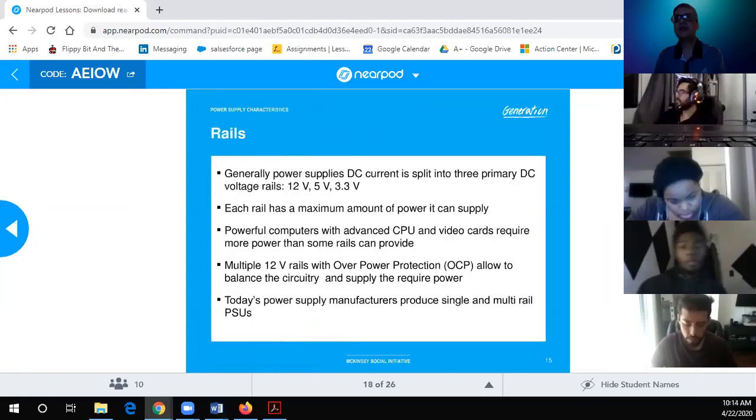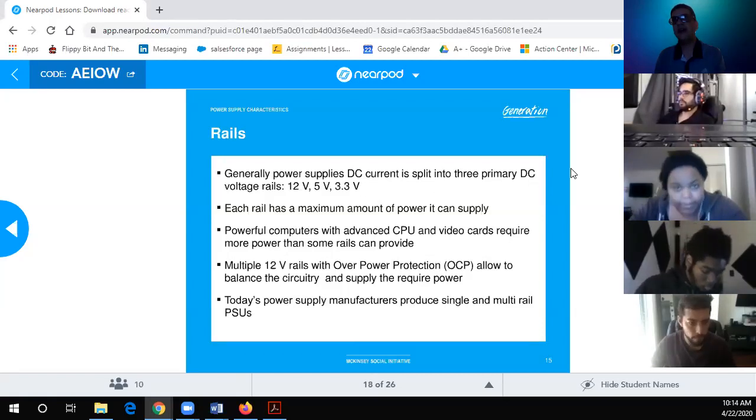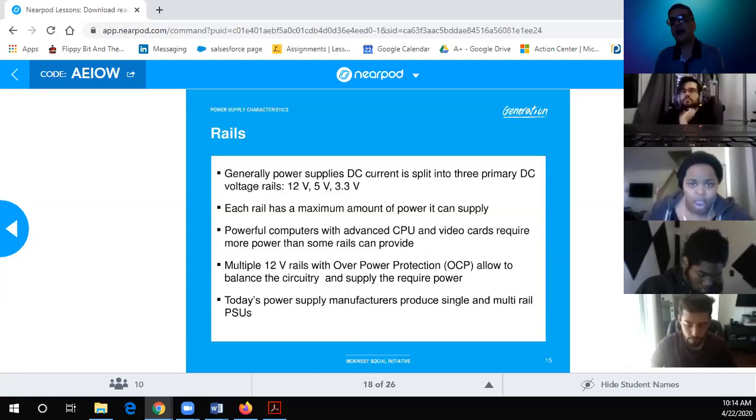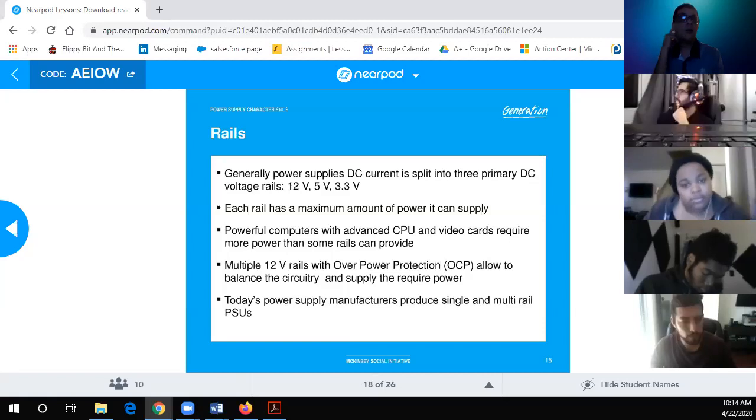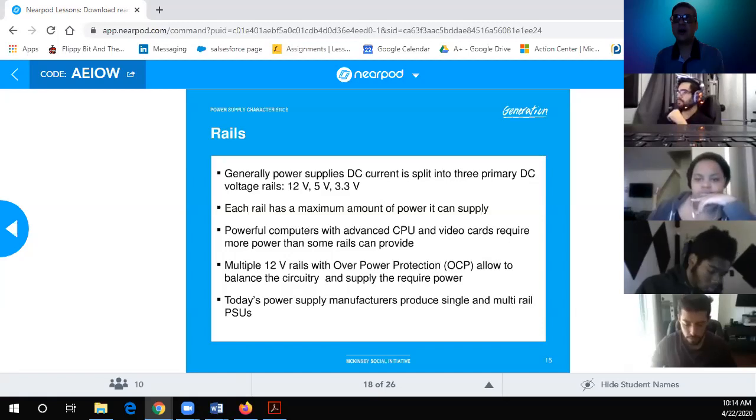Our rails. Generally, power supplies' DC current is split into 3 primary DC voltage rails. You've got your 12, your 5, and your 3.3. Each rail has a maximum amount of power it can supply. Powerful computers with advanced CPUs and video cards require more power than some rails can actually provide.